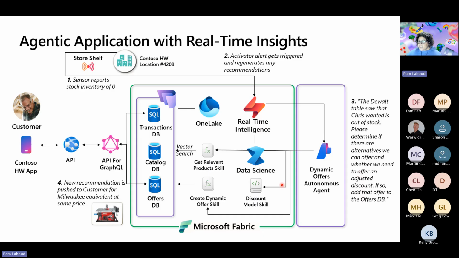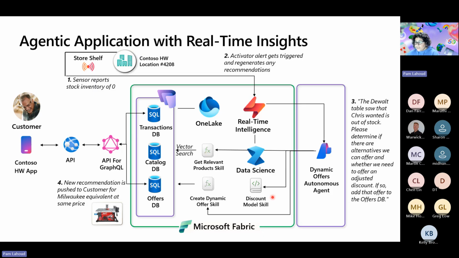And so these might be some AI skills, or we now have something called data agent. It used to be called AI skills. Now it's called data agent. So we have things that can actually do these calculations. In this case, we're going to imagine that they're functions. There's one function that can get relevant products. So based on this DeWalt saw, what other products do I have?